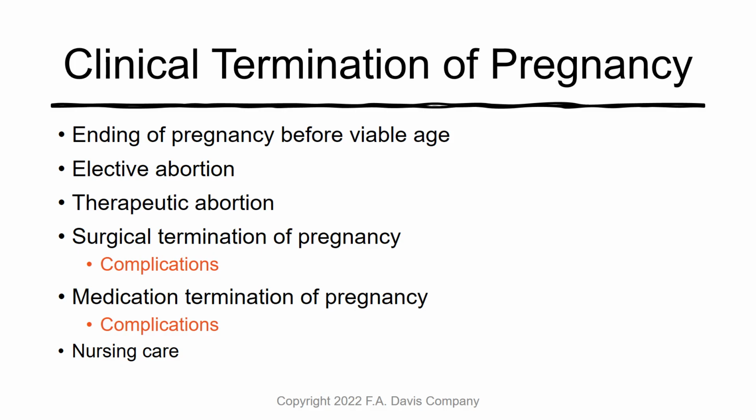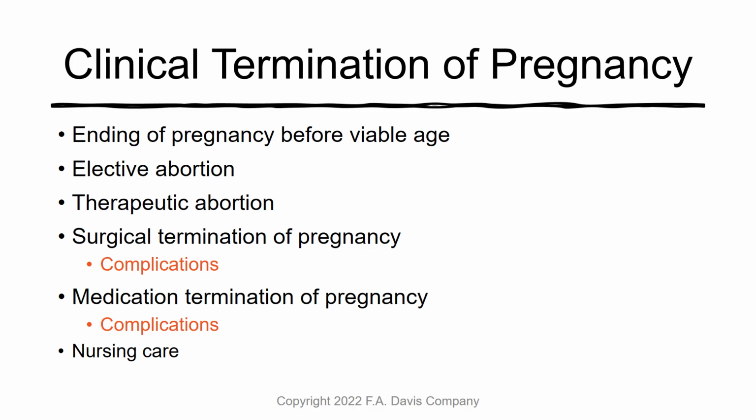An elective abortion is performed at the woman's request. A therapeutic abortion, which I mentioned previously, is performed due to the risk of maternal or fetal health or disease. Surgical termination of pregnancy is vacuum aspiration, which is the most common method for surgical abortion for pregnancies up to 12 weeks gestation.